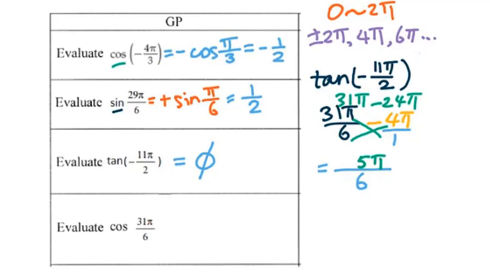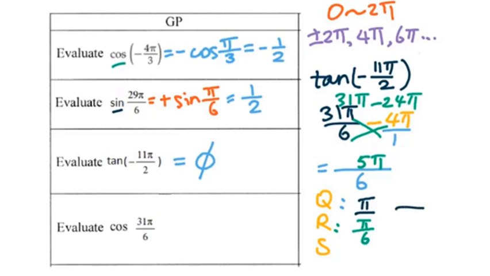For 5 pi over 6, we know that QRS, that will be the second quadrant, because that's the n minus 1 pi over n pattern. And the reference angle will be pi over 6.